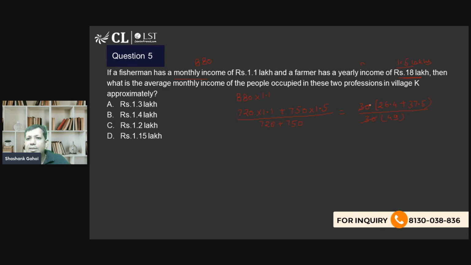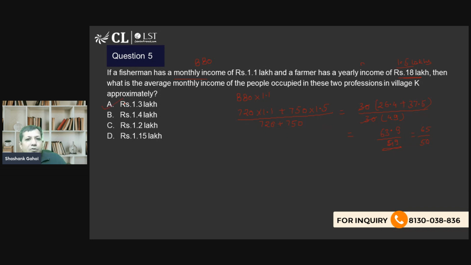So this value cancels out, so it is going to be 0.9, and 26 plus 37 is going to be 63 upon 49. So this value I can say is going to be close to 1.3, right? If I take this value as 65 and this value as 50, this is close to 1.3 lakh. So my answer of this question is going to be option A.